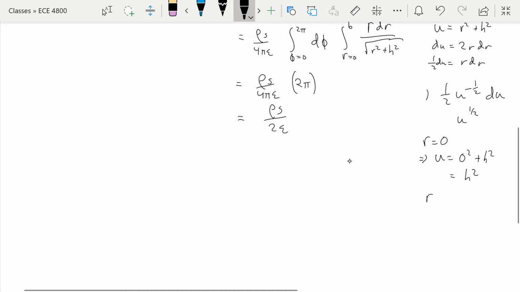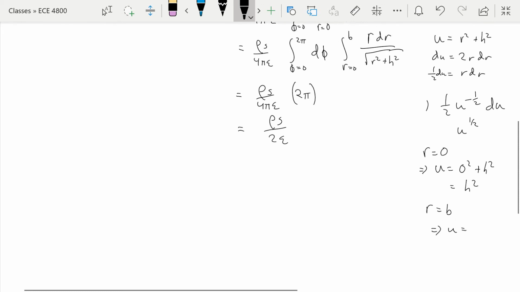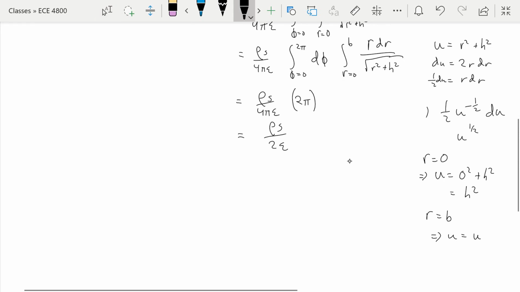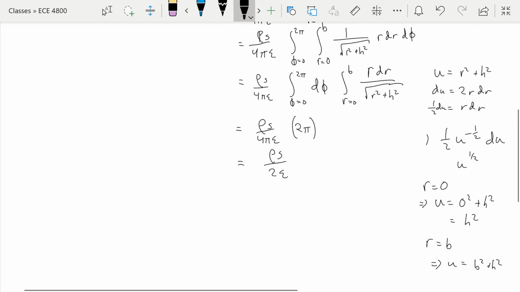And when r is equal to b, u is equal to b squared plus h squared. Okay, so when we evaluate this, the integral was u to the 1/2, evaluated from r equals 0 to r equals b.